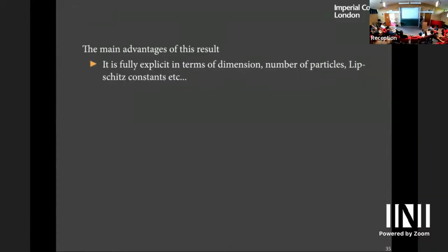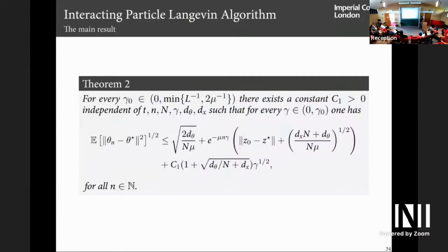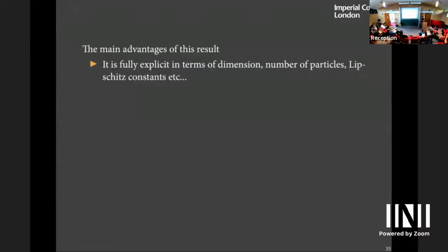So the nice thing about this result is it's fully explicit in terms of dimension. You know the step size dependence somehow, right? You don't need to necessarily decrease your step size with a very certain schedule. There is no funny dependence of things on each other, where you need to assume things are exactly right for the bound to hold. This is a generic bound, except of course there are step size restrictions and so on, but these are standard.